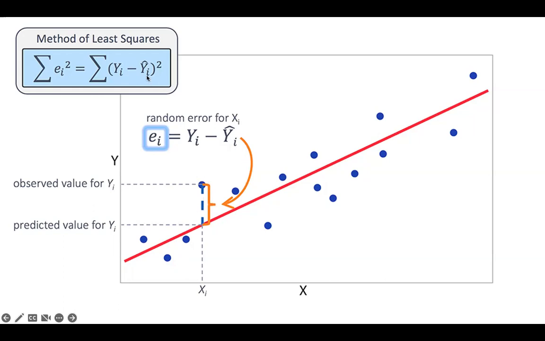We take the square of the error so that we can remove the negative errors. Then we do this for every point in the data set. Check the difference between the actual and the predicted, take the square and sum it all up. That is the method of least squares.